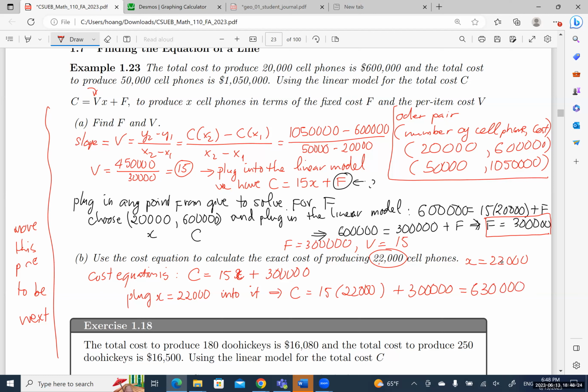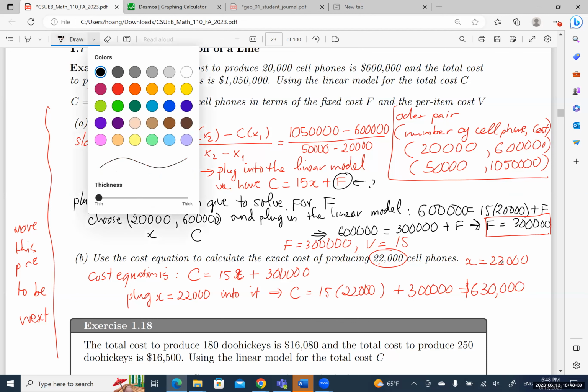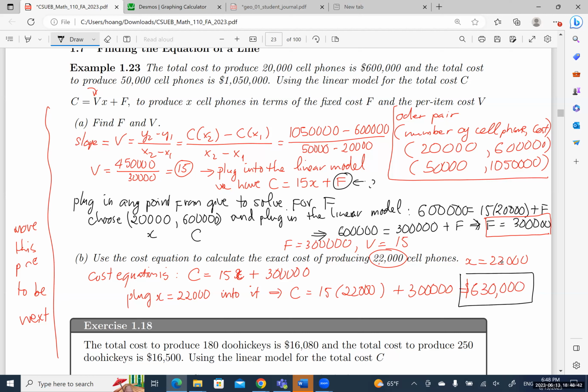We calculate this as the cost of 22,000 cell phones. Okay, so this is the way we set up the function of the cost when we are given 2 points, and you see that, right? Similar to the one before.